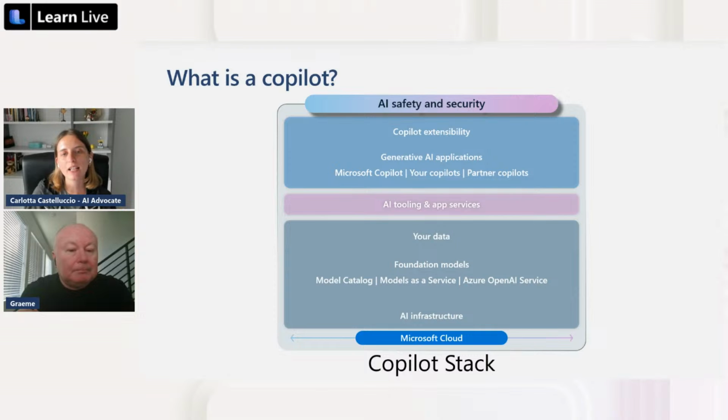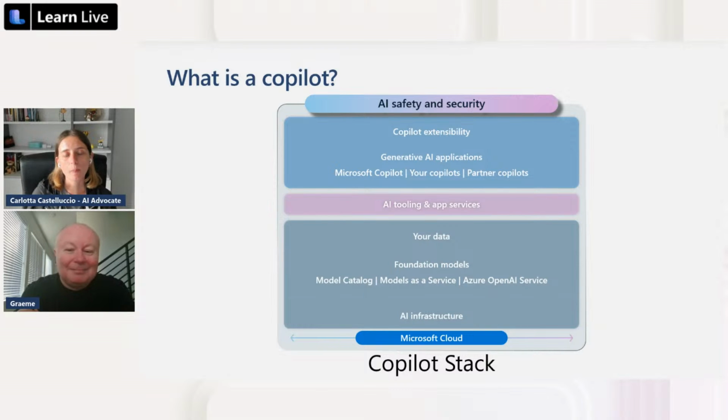So Copilots provide users with an intuitive chat-based application to receive assistance on a certain domain or business scenarios, and as Graham said, to be the assistant of the pilot, who is you, of course, the developer.